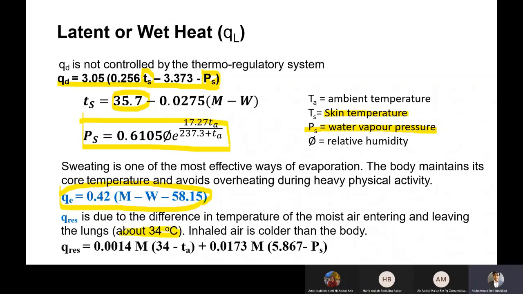The energy lost during respiration is given by this equation. It is a function of TA, the ambient temperature, M, the metabolism rate, and PS, the water vapor pressure.